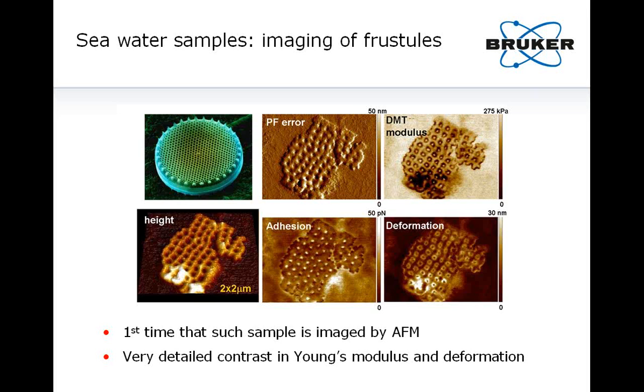The frustule structure is usually composed of two overlapping sections known as thecae, and the joint between the two thecae is covered by bands of silica that we call girdle bands that hold them together. The frustule also contains many pores to provide the diatom access to the external environment, which is the seawater, for processes such as waste removal.